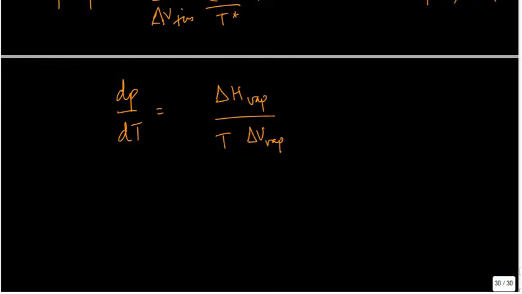And what I realize over here is that delta V vaporization is molar volume of the gas minus molar volume of the liquid. And liquid is a condensed phase, so I can actually ignore it because the gaseous volume is much larger than it. So let me ignore the volume of the liquid and write it like delta H vaporization by T times molar volume of the gas.